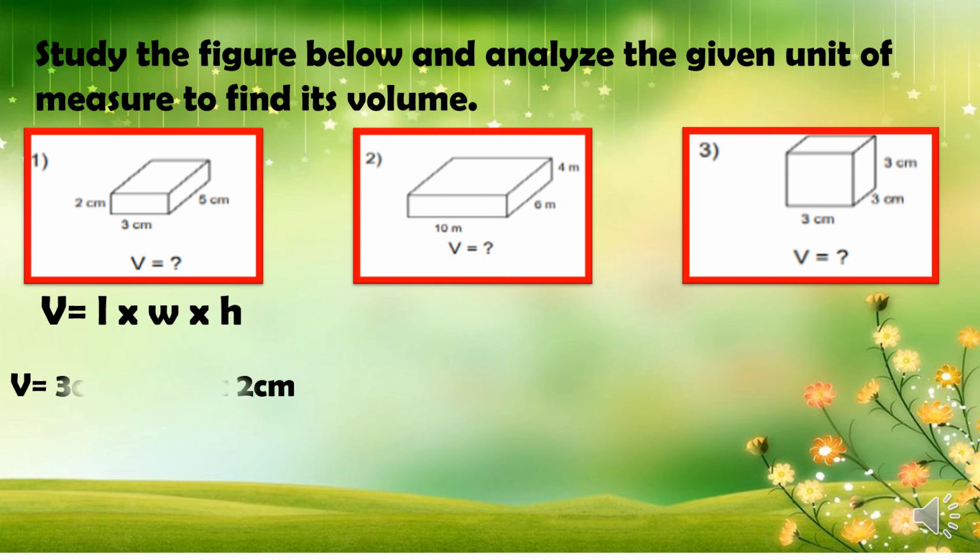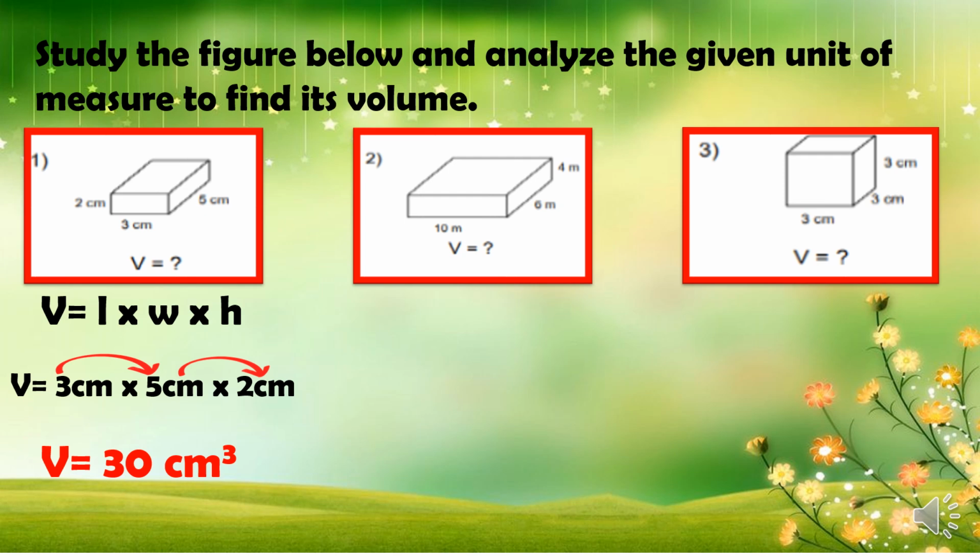Let us now substitute. V equals the length, which is 3 centimeters, times width, which is 5 centimeters, and height, which is 2 centimeters. When we multiply 3 times 5 times 2, that will give us 30 cubic centimeters.